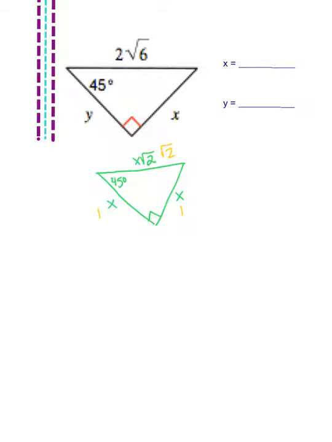So what this means is that this is the hypotenuse and this is the hypotenuse. So 2 root 6 is equal to whatever the side length is, I'm going to call it x, times the square root of 2. So if I solve for this value right here, I will know what the side length is of this triangle. And to get that by itself, I need to divide by the square root of 2.